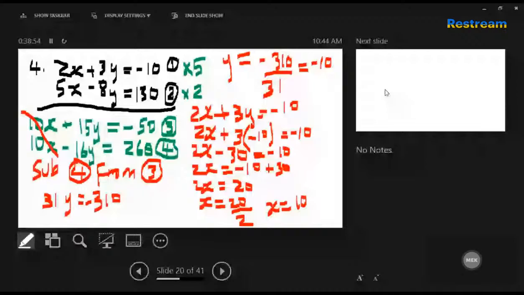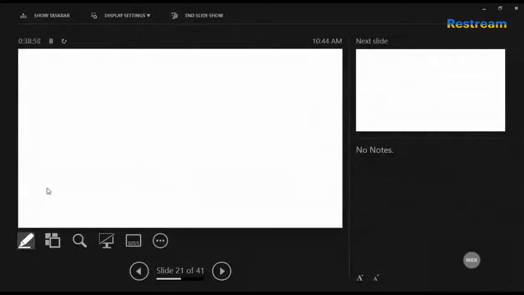All right, so example 5. Negative 3x plus 4y gives negative 9, which is equation 1.